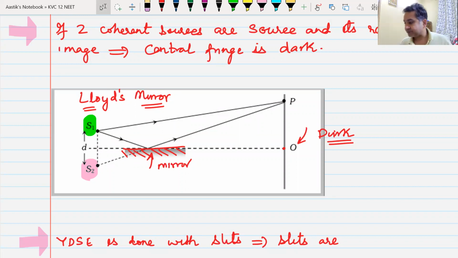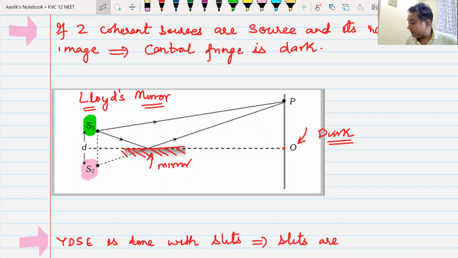I told you that the central fringe here is dark and it is not bright. So basically what it means is the position of the bright fringe has been taken by the dark fringe, or there has been a shifting of fringes.